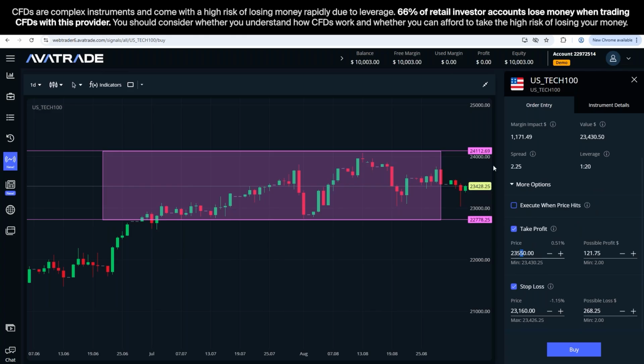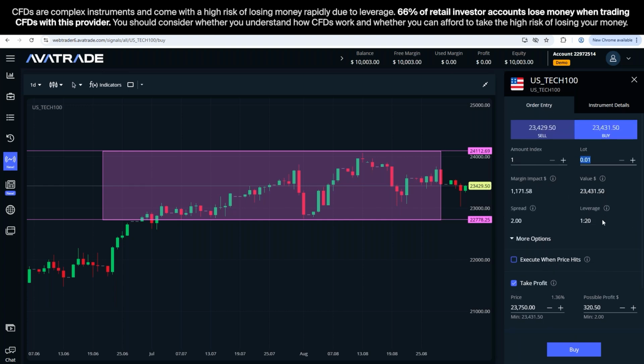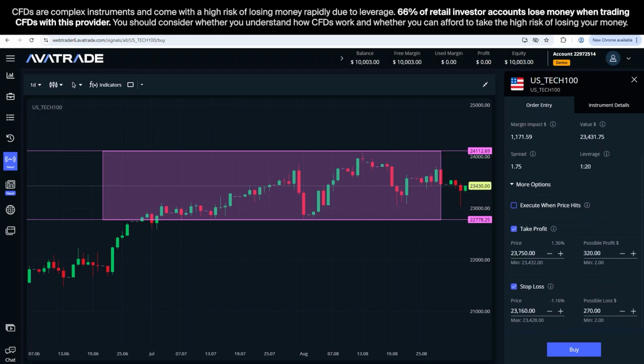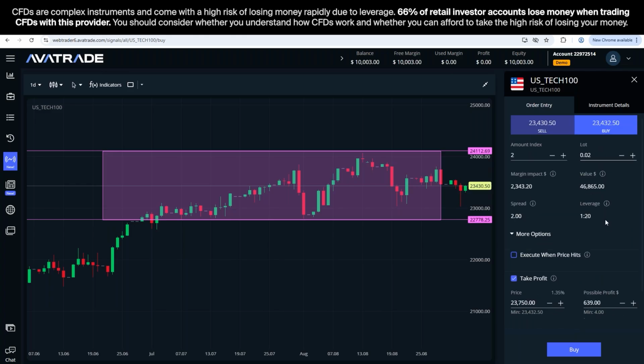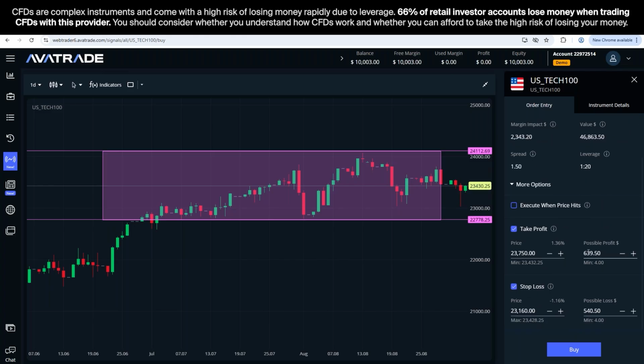Of course, if I would like to modify any of them, or, as an example, modify the lot size to increase the position, I can definitely do that. I also need to remember that if I increase the lot size, it can increase my profit or loss.